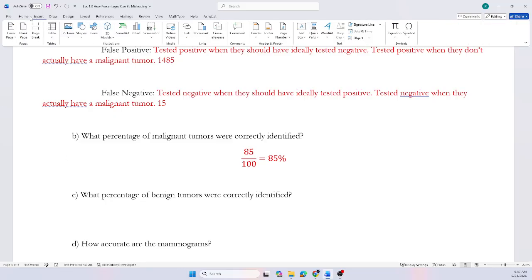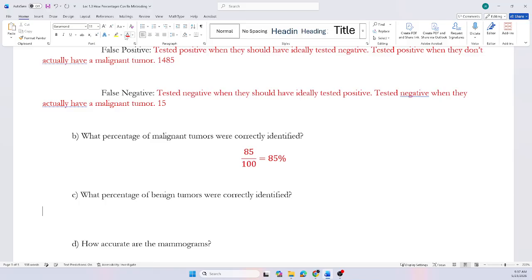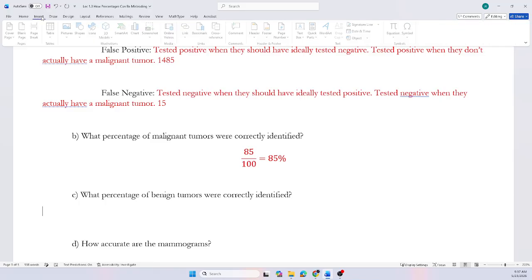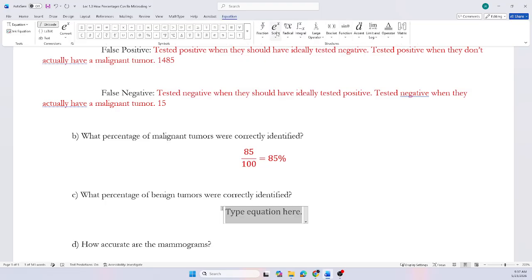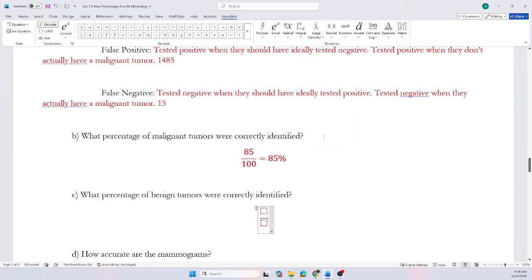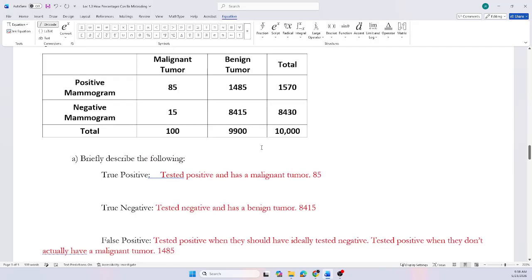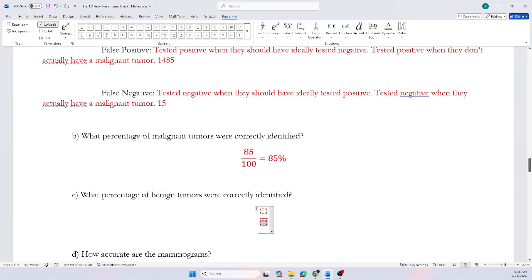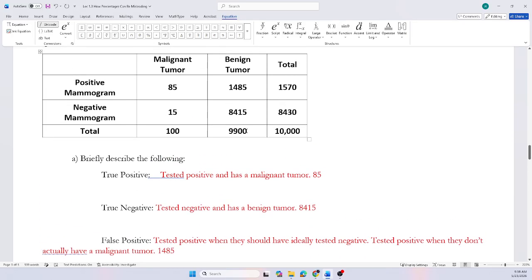Let's go ahead and look at this next one. What percentage of benign tumors were correctly identified? So let's look at all the benign tumors. There were 9,900 benign tumors. Out of those 9,900 benign tumors, how many were correctly identified? You want to be careful here.